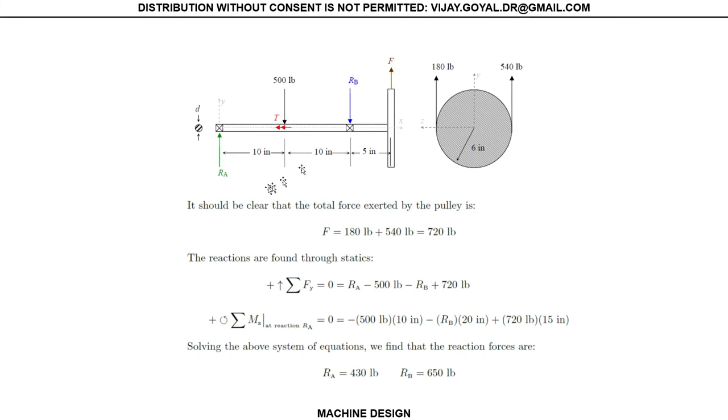And to find the reaction loads, I take a summation in X, in Y, and a summation of moments about this point right here, and I'm able to find my RA, my RB. I'm guessing this is something that you should know, so we will continue. I just want to clarify one or two things before we move on, actually.